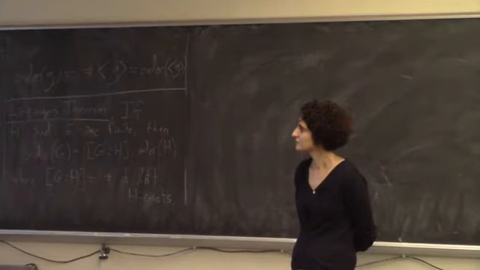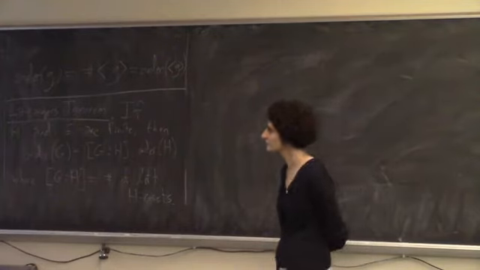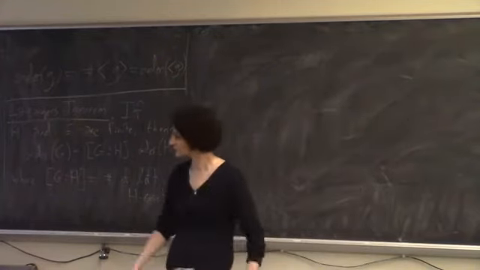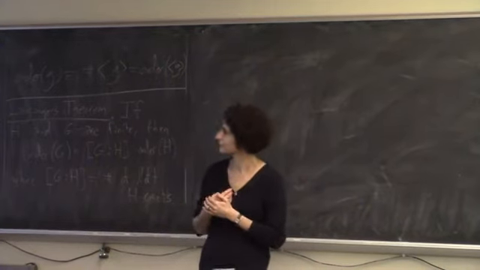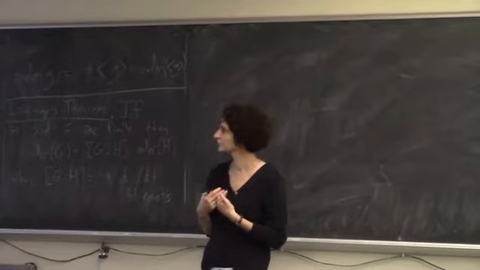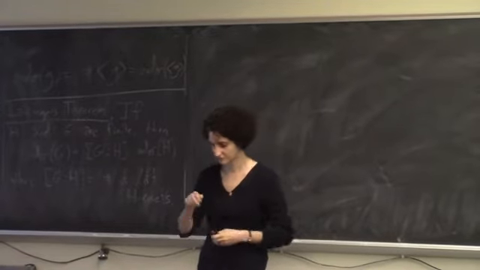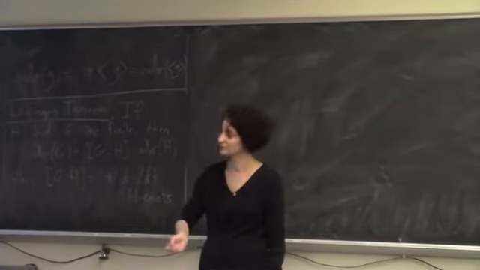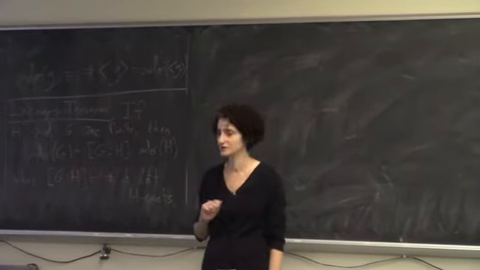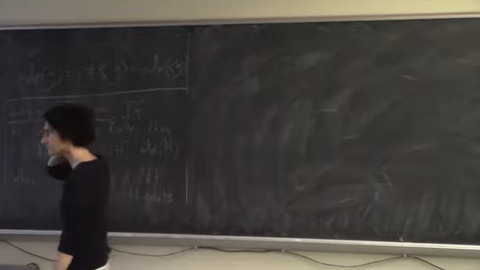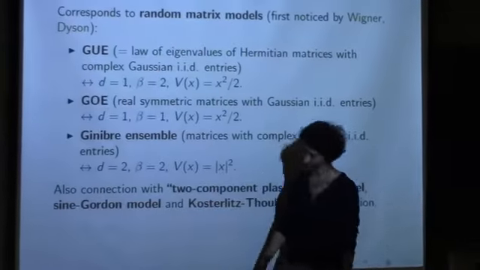There are 3 models that are very easy to describe: GUE, GOE, and the Ginibre ensemble. So you take an n by n matrix, and first you ask that it's Hermitian. You throw the entries at random according to a Gaussian law, and you make them IID. Plus you impose this symmetry of being Hermitian or here being real symmetric.